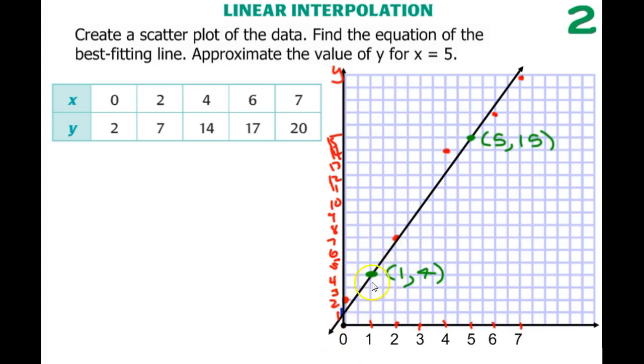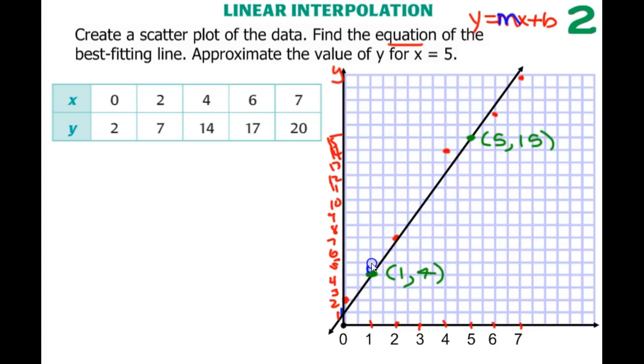down in one corner. So it says find the equation of the best fitting line. We need an equation in the form y equals mx plus b. But in order to get that, we need to use a different equation. I have a point and I need to find a slope, so maybe let's find our slope first. I'm going to count rise over run, but be careful of your scale.